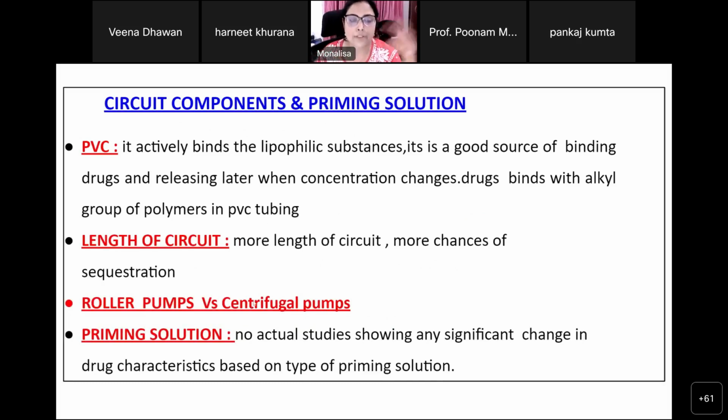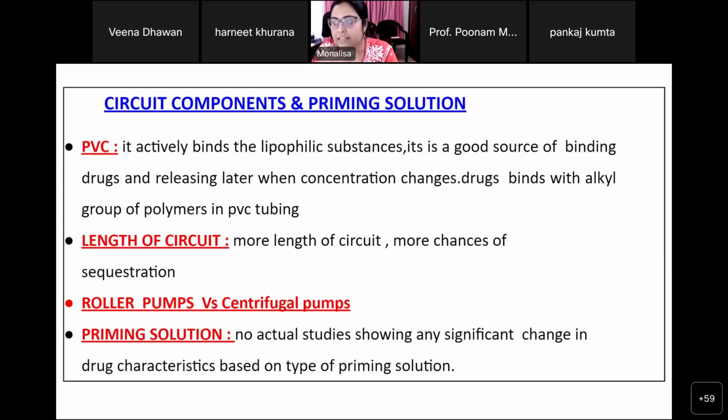Roller pump versus centrifugal pump. Some studies show that the roller pump causes more sequestration versus the centrifugal pump, but some studies say that it's almost equal. Priming solution: no actual studies have shown any significant change in the drug characteristics based on the type of the priming solution.